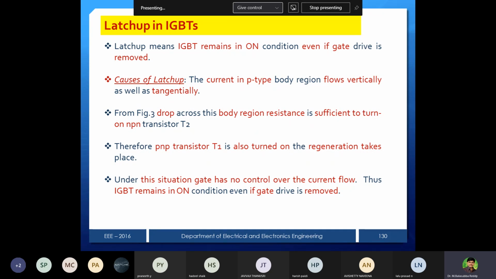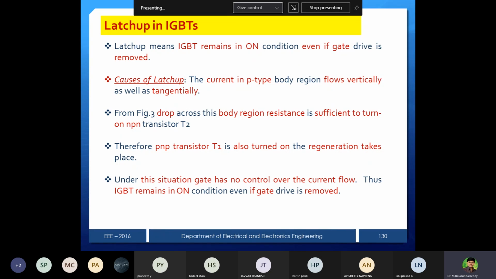But here there is some problem, because of which latch up happens. The current in the p-type body region flows vertically as well as laterally, so we show the MOSFET as well as the structure of two transistors connected in that figure.